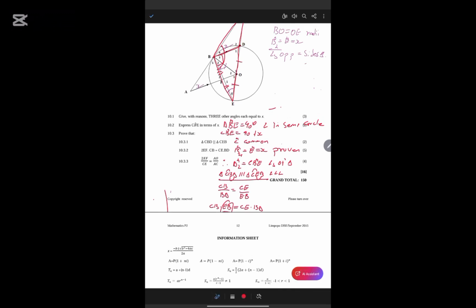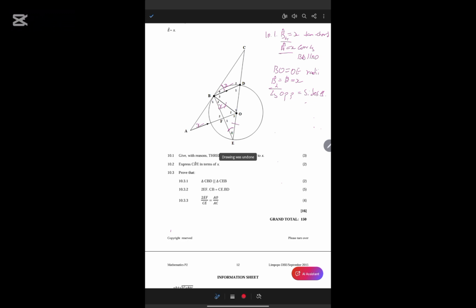Let me just write the answer here. We said this is CB times 2EF is equal to CE times BD. This was our final expression. In 10.3.3, it says 2EF over CE is equal to AO over AC. So let's go back to the diagram and identify those lengths that are marked in this expression.